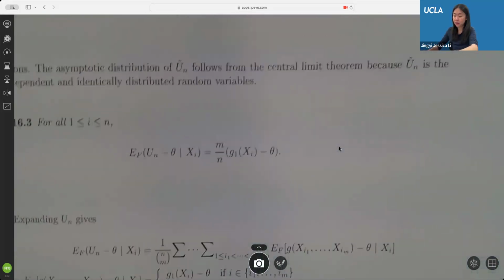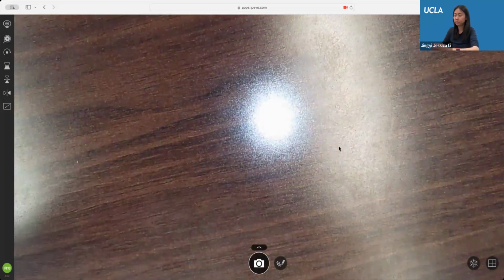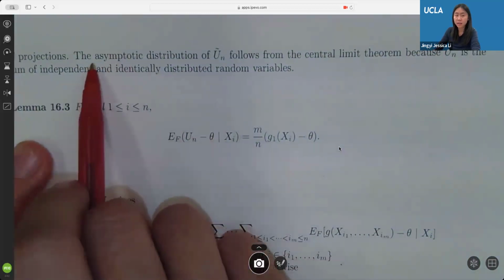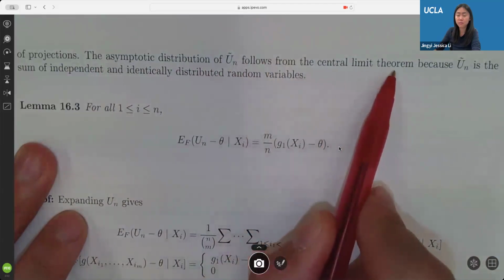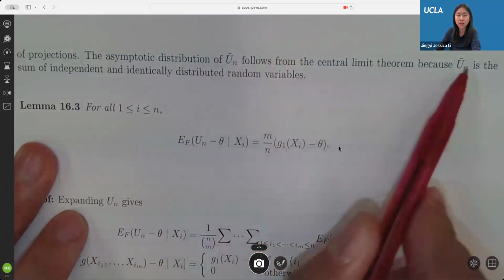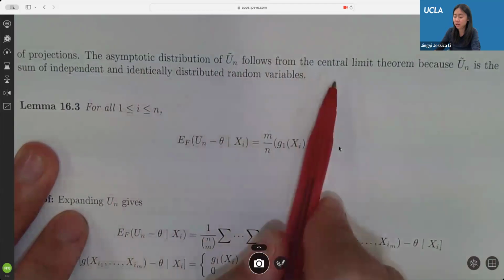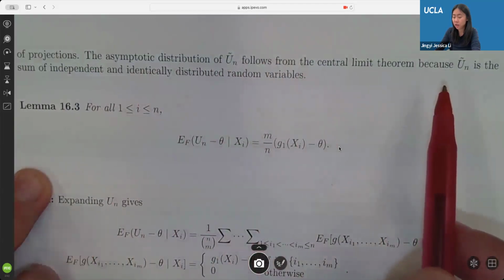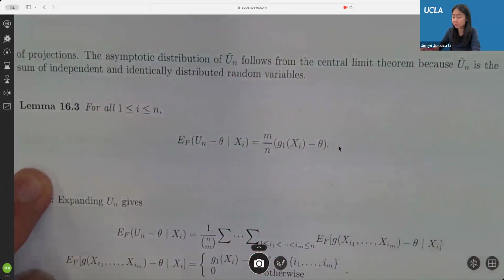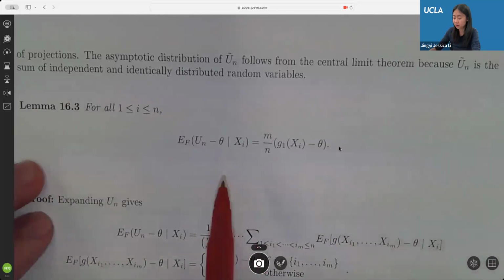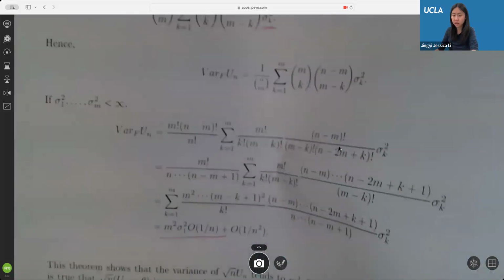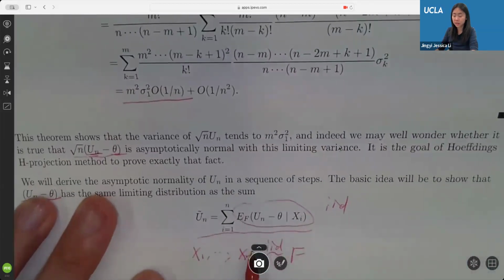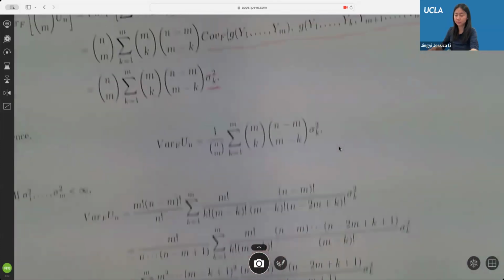Now, we'll say the asymptotic distribution of Un tilde follows the central limit theorem. I just said that because Un tilde is the sum of IID random variables. So let's first derive each term in the sum of Un tilde.